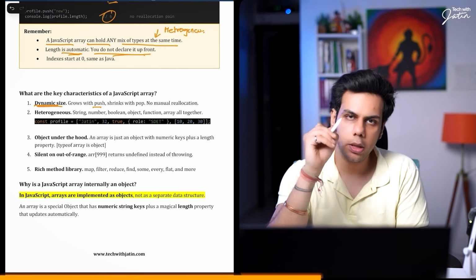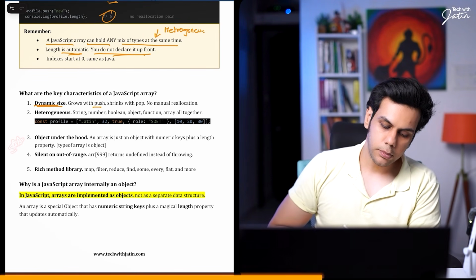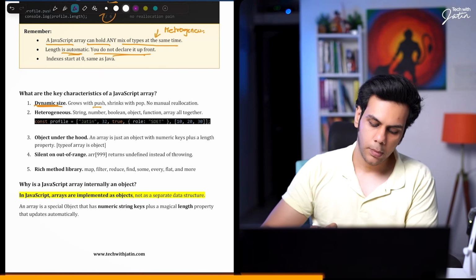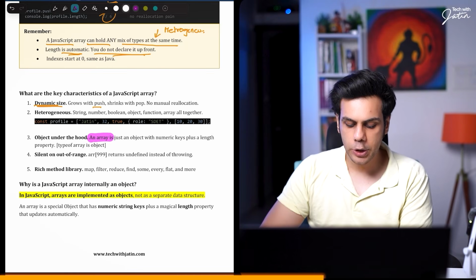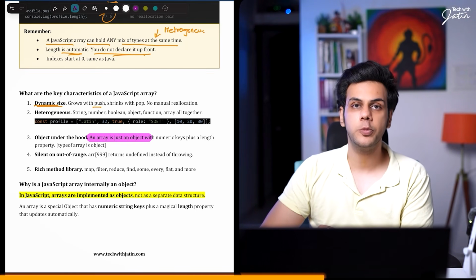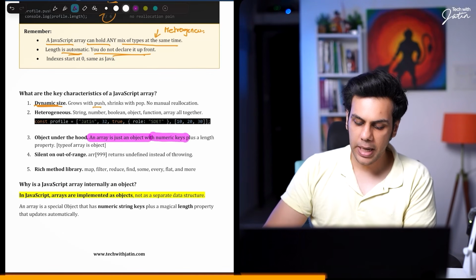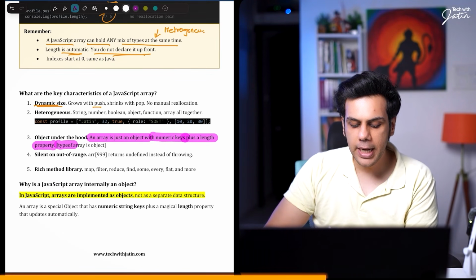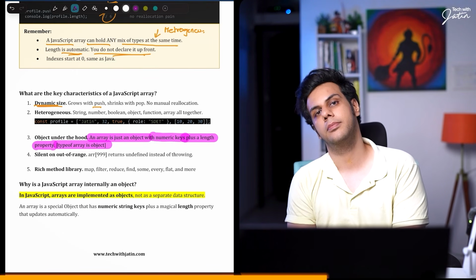Object under the hood. This is a very important point. Please remember this. An array in JavaScript is just an object with numeric keys plus a length property. The type of an array in JavaScript is an object.